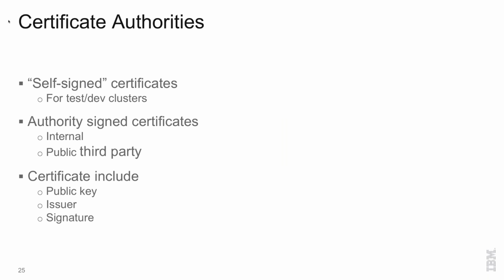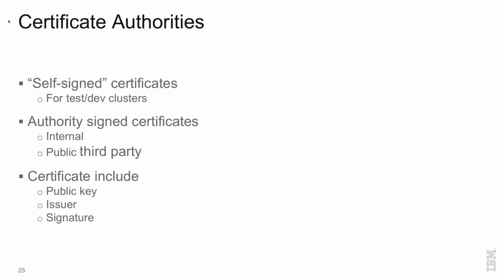So for the certificate, as you will see when you read the documentation, there are three kinds of certificate. One is the self-signed certificate, which is only recommended for test or development clusters.